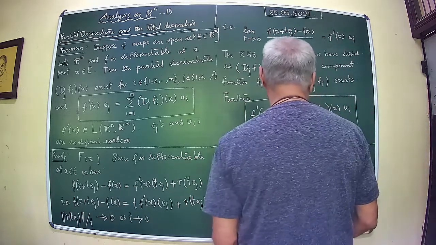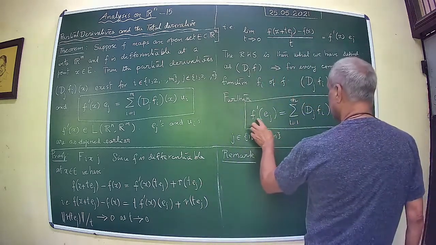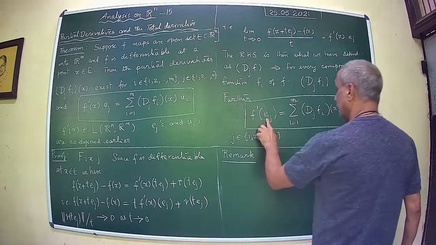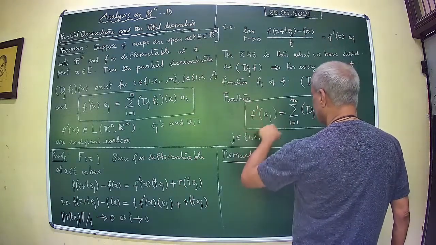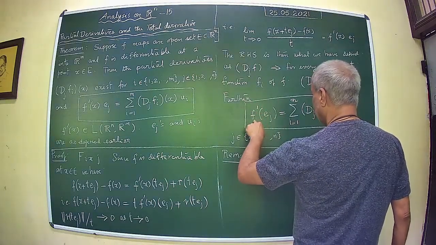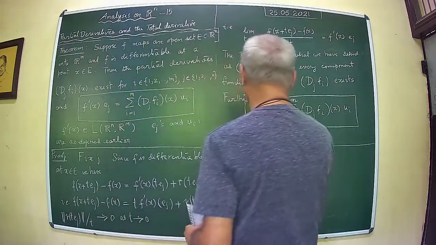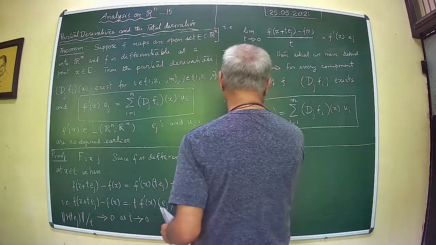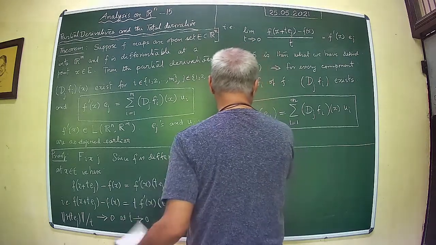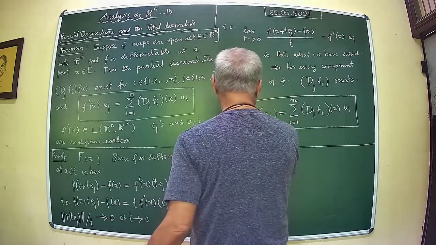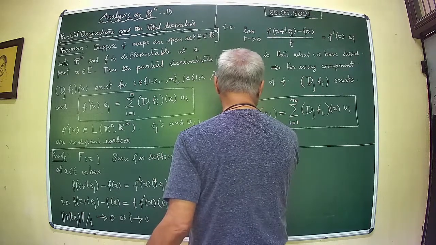Now you see, you have the expression. I think I should write here not f derivative e_j, but f derivative of x over e_j.